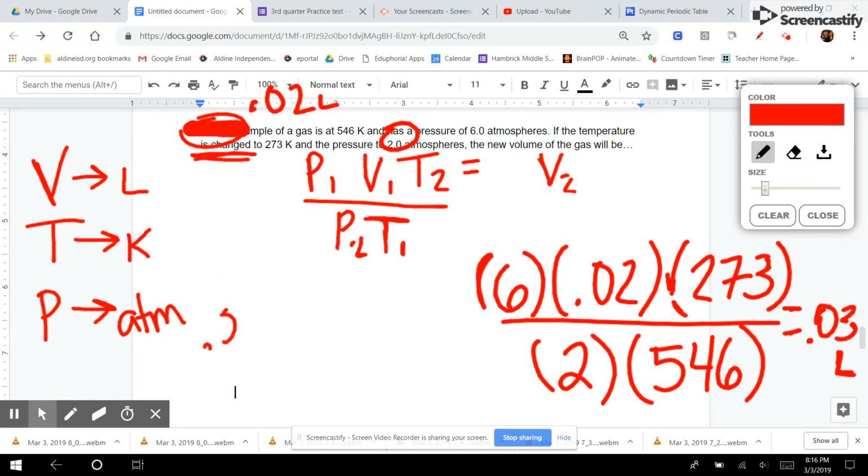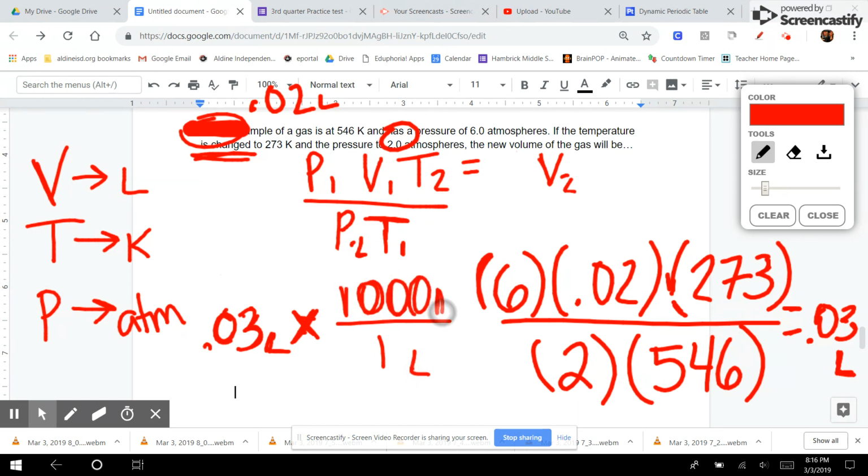So 0.03 liters multiplied by 1 liter on the bottom, because I got to match my unit, equals 1,000 milliliters. So I'm basically doing 0.03 times 1,000. And that gives me my answer, 30 milliliters.